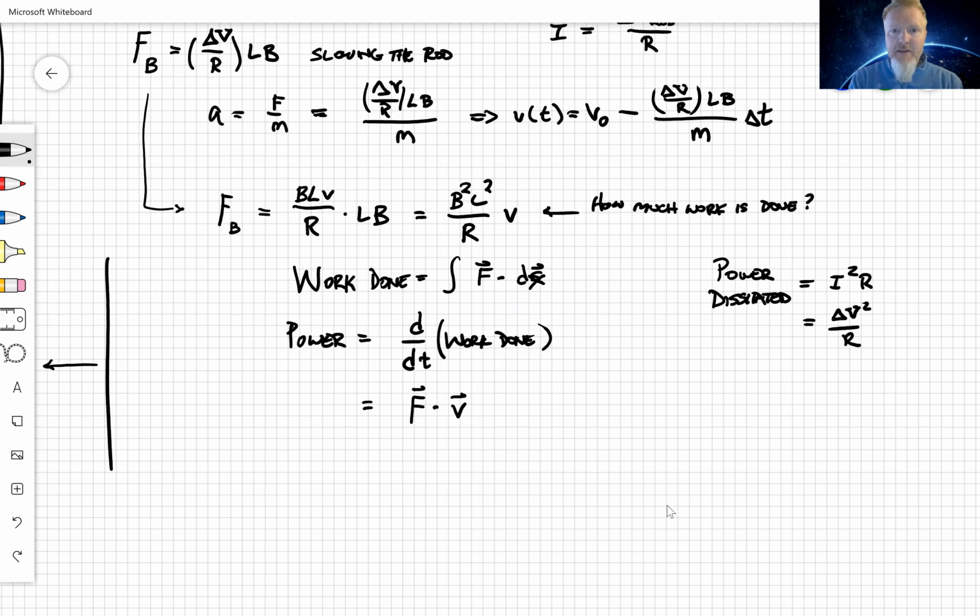In other words, I take the d by dt and stick it over here on the dx, so it becomes dx by dt, and it's f dot v.